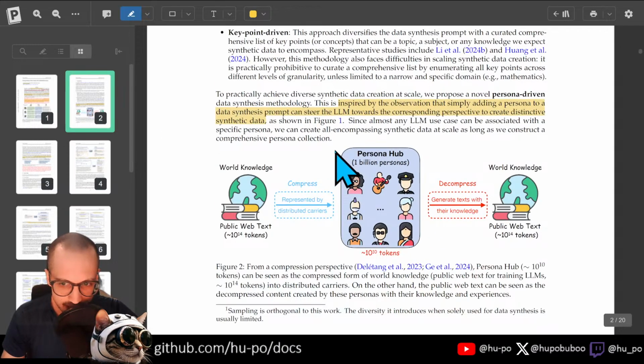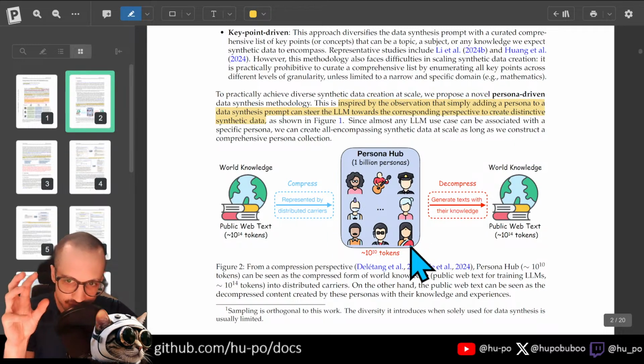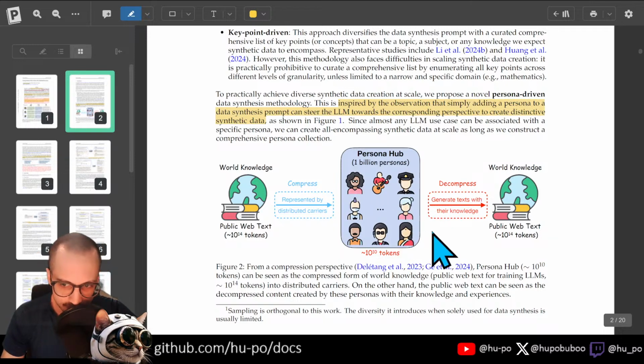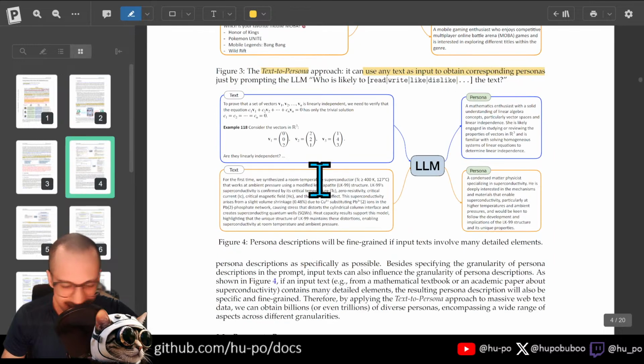And what are we doing there? Well, we're creating these personas that represent different people. And once you have basically 1 billion of these different people, then you can use this as almost a vector of data augmentation, right? So then you can take any question or any problem and augment it by feeding in that persona, right?